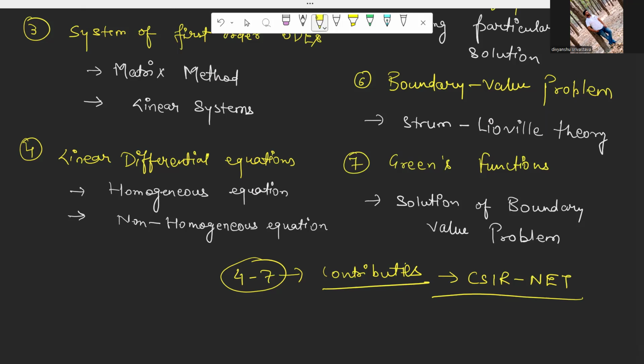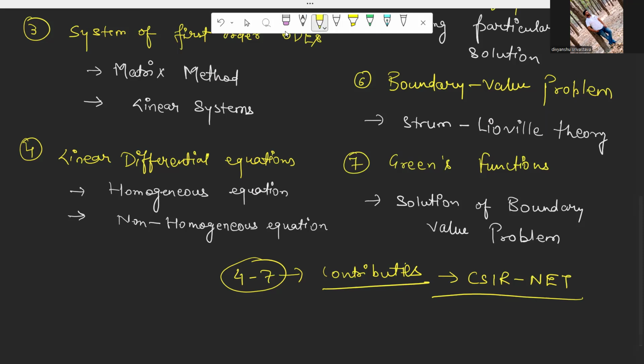Maybe everyone knows what an ordinary differential equation is, and for interview purposes an interviewer may ask you the degree and order. So you should know differential equations very well.